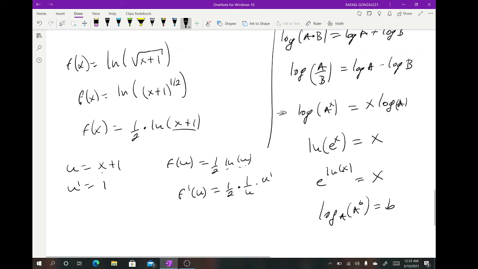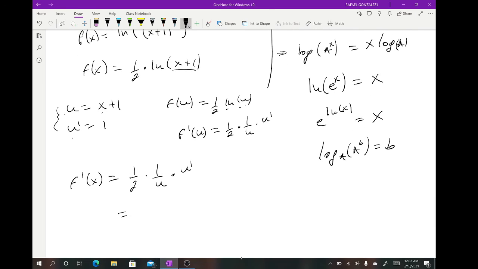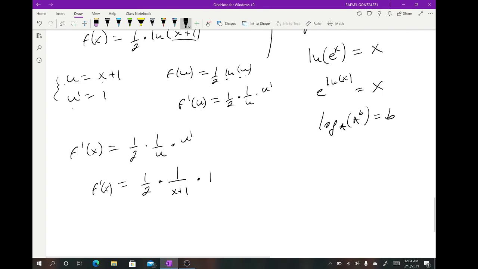So we're ready to put this together. The derivative of f of x is equal to 1/2 times 1 over u times u prime. I know what u prime is and I know what u is because I calculated them here. That means that f prime of x is equal to 1/2 times 1 over x plus 1 times u prime, which is 1.